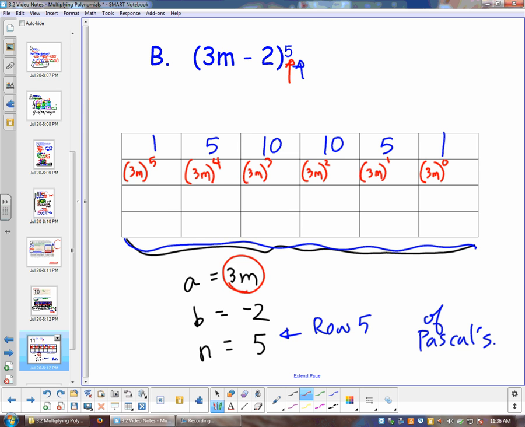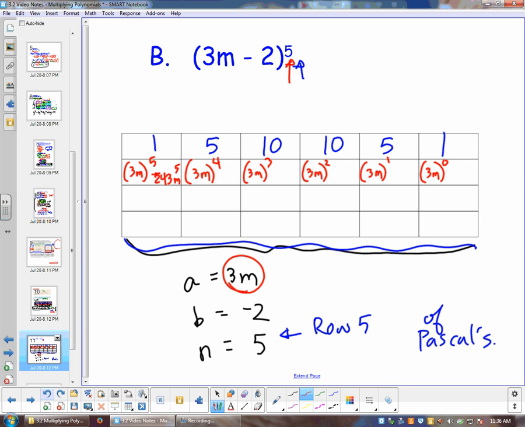And so if we're working this out, 3m to the 5th is equal to 3 to the 5th, which is 243 m to the 5th. I'm going to have to make it smaller or write it somewhere else maybe. But this is going to be 243 m to the 5th.